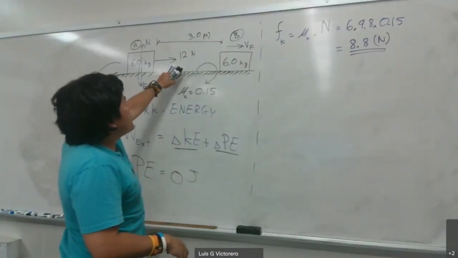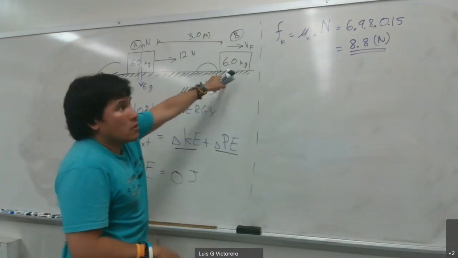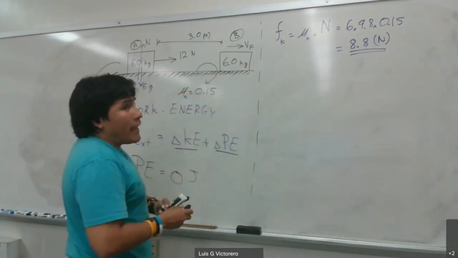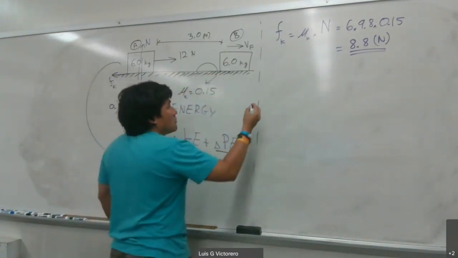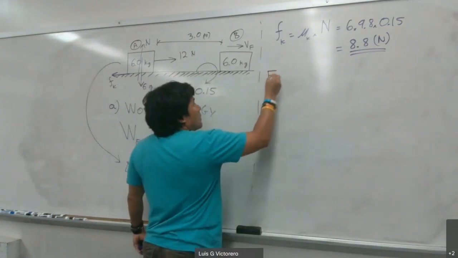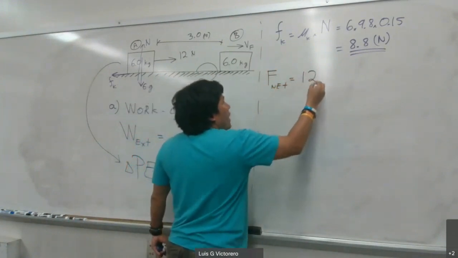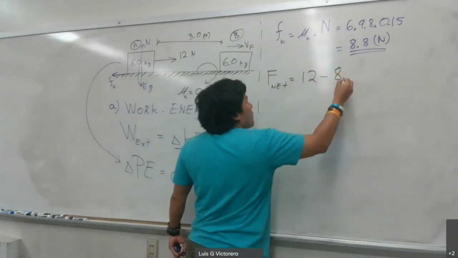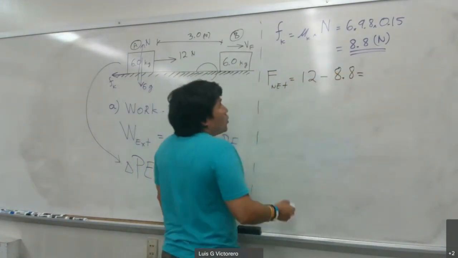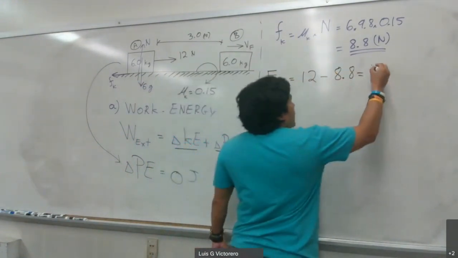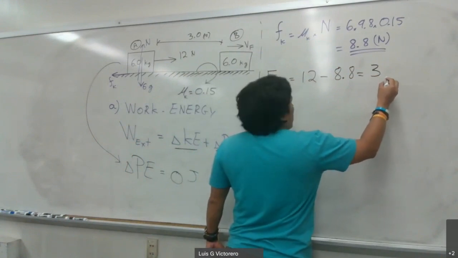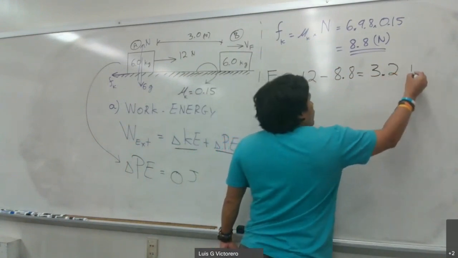But there is a force that is making the body move. So the net external force, the magnitude of F net, will be 12 minus 8.8, which is 3.2.